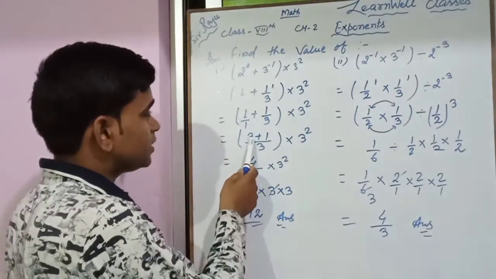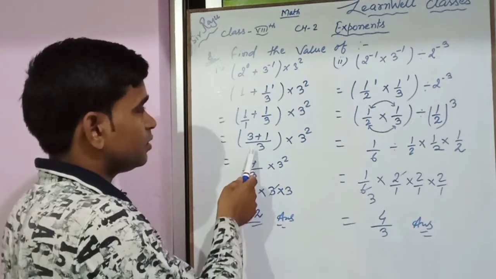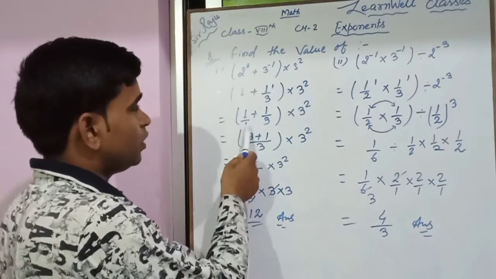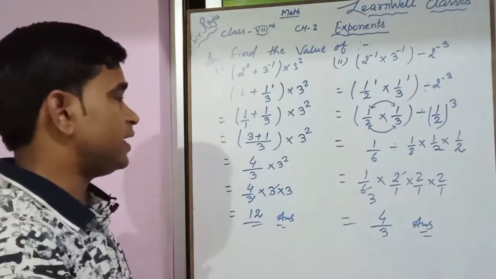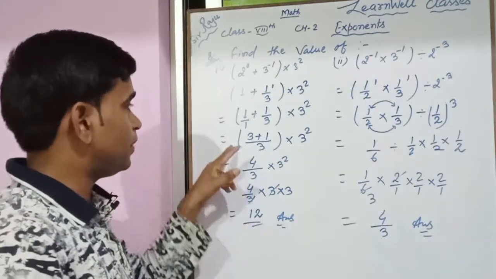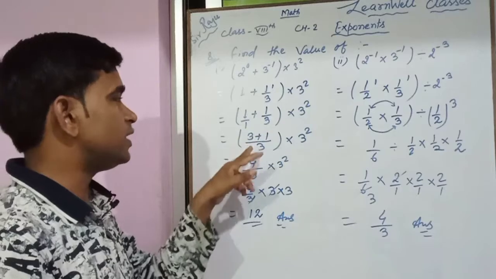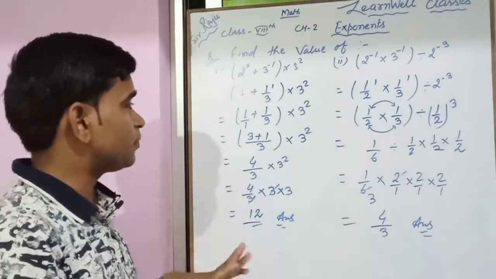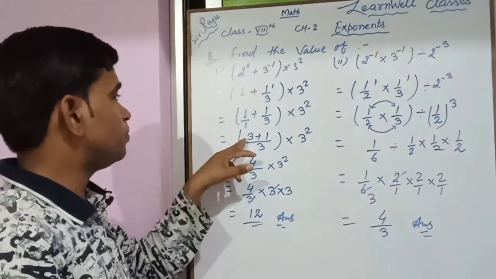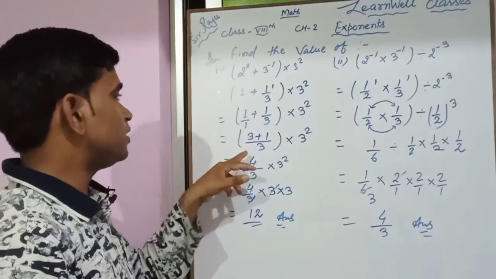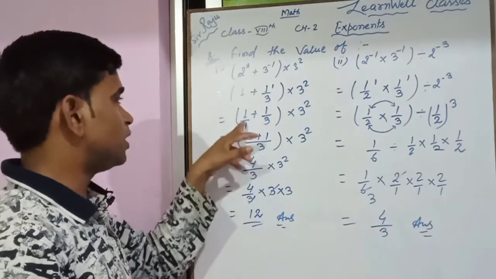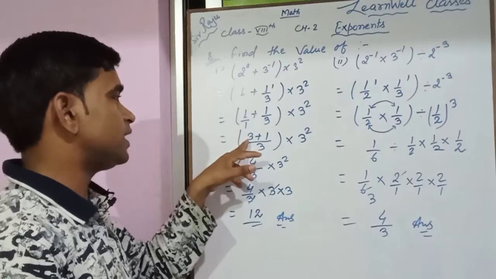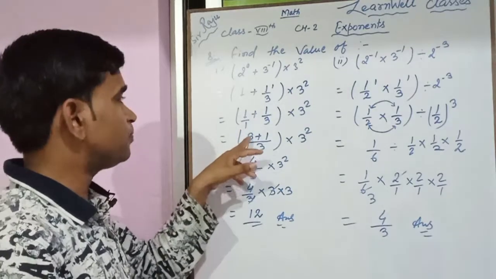And next, 3 plus 1. 1 and 3, find the LCM. When we find the LCM of 1 and 3, it is 3. So 1 multiplied 3 times gives 3.